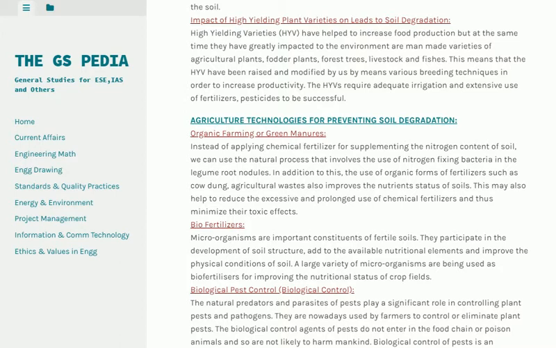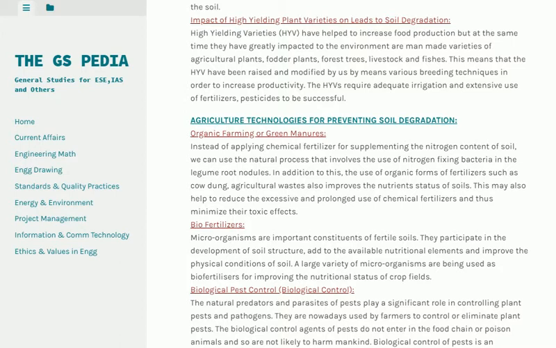In addition to this, the use of organic forms of fertilizers such as cow dung and agricultural wastes also improves the nutrient status of soils. This may also help to reduce the excessive and prolonged use of chemical fertilizers and thus minimize their toxic effects.